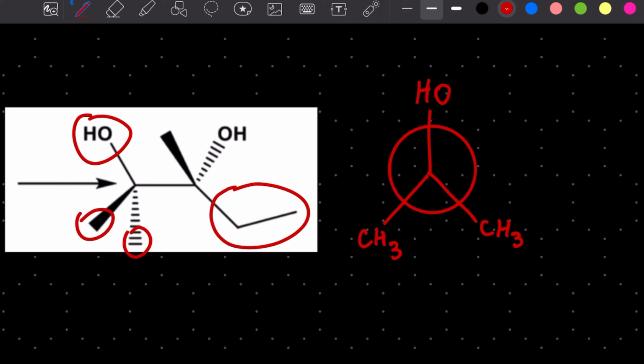Directly down is this weird structure, and for Newman projections you could draw it in two ways. It kind of depends on your teacher, but I'm going to show you the two ways, and you can decide for yourselves. You can just draw the molecule going directly down as we see here, and that's perfectly acceptable.